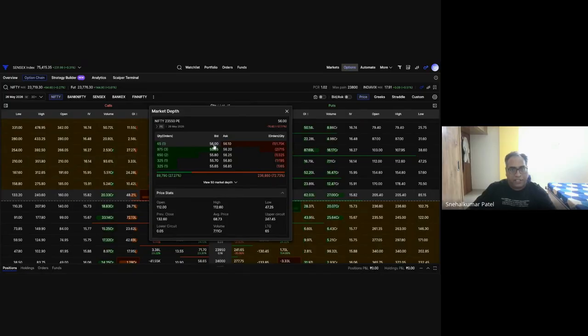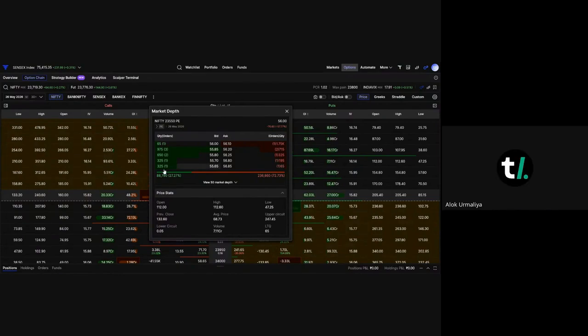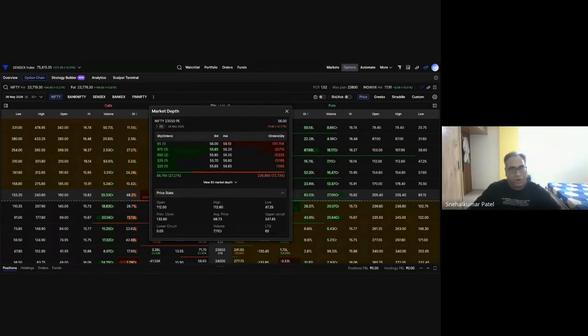So at 56 rupees, there are 65, so there is one lot of order someone has placed. There are 3 lots pending here. So these are all the limit orders that are there, and these are the quantities. Right. Understood. Yes. Similarly, what we see in the order flow is also a quantity.